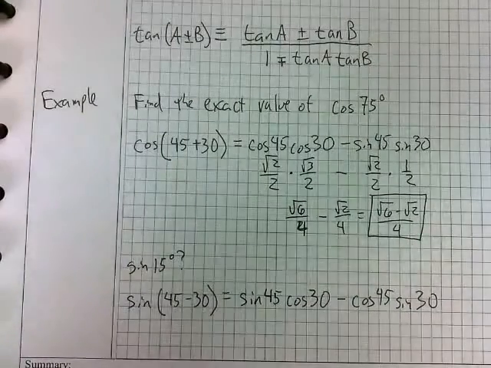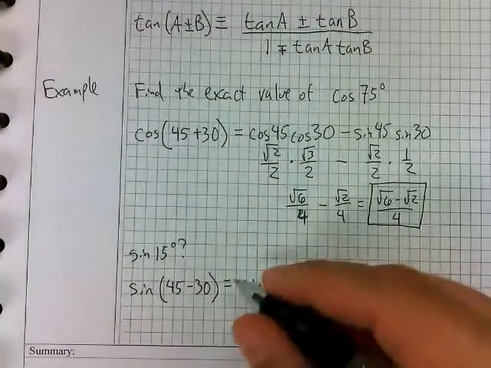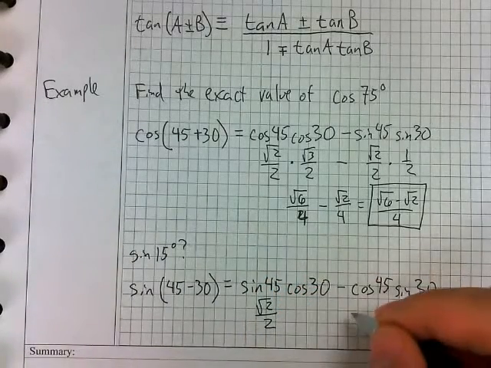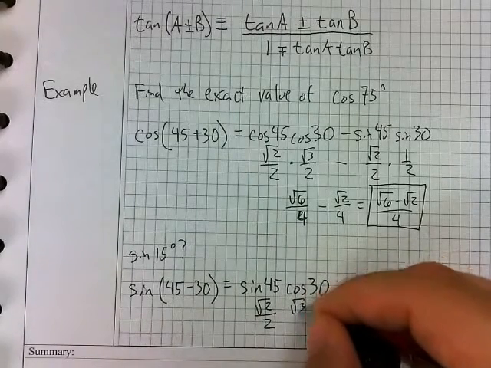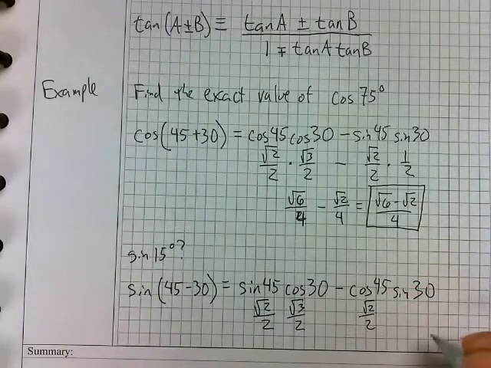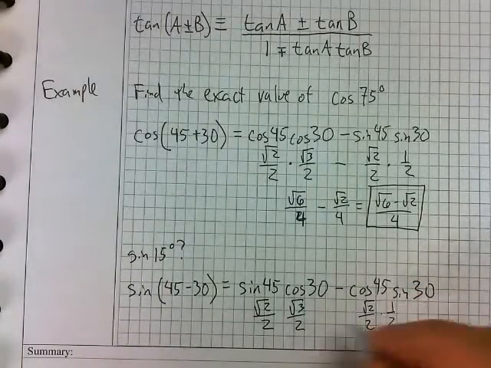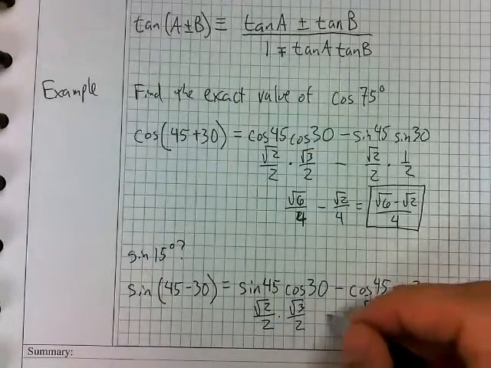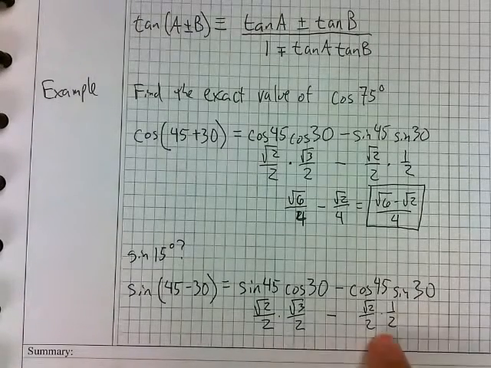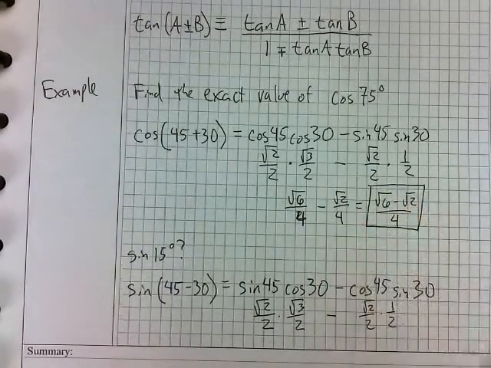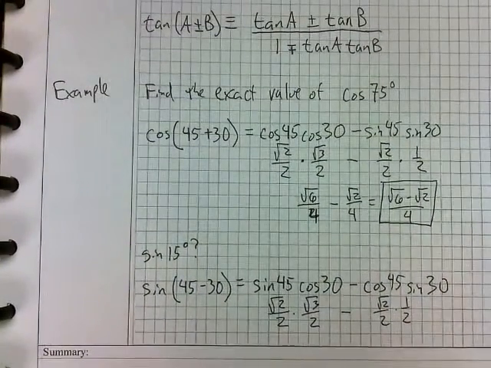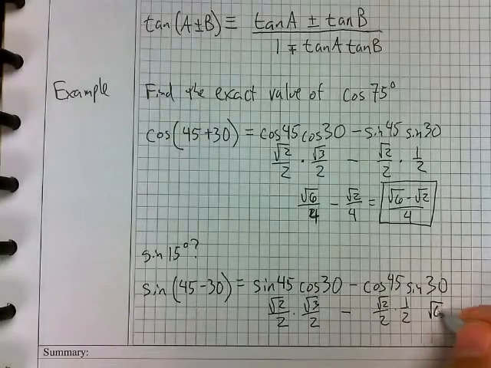Sine 45 is root 2 over 2. Cosine 30 is root 3 over 2. Cosine 45 is root 2 over 2. And sine 30 is 1/2. This should look very familiar. These two things are exactly what I had up here, so I'm going to end up with exactly the same answer.